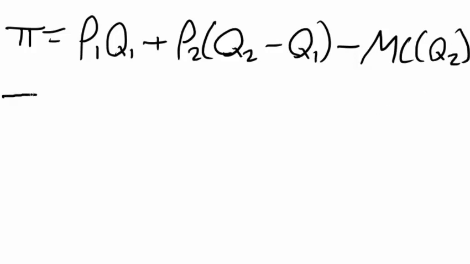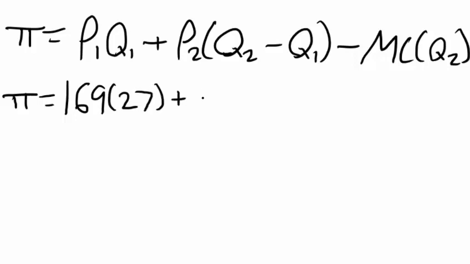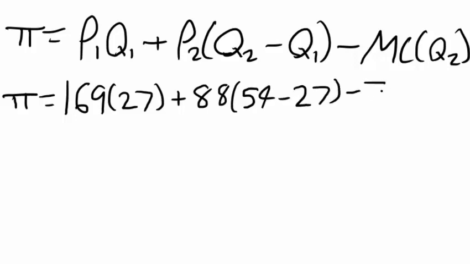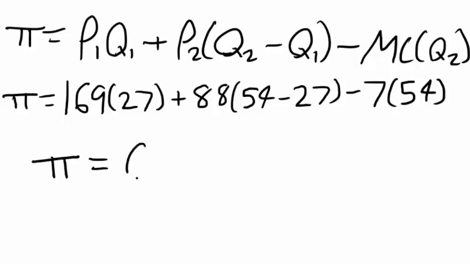And so if we plug in what we know, we get a profit of 169 times 27 plus 88 times 54 minus 27 minus 7 times 54.